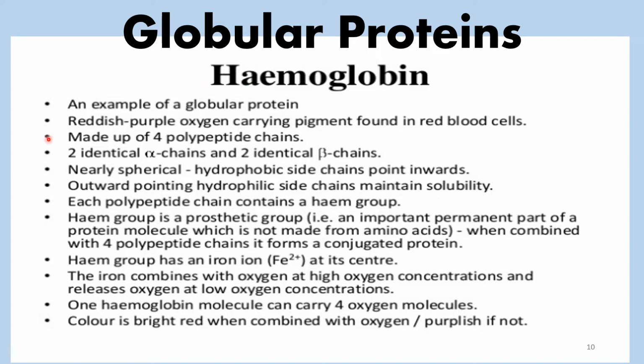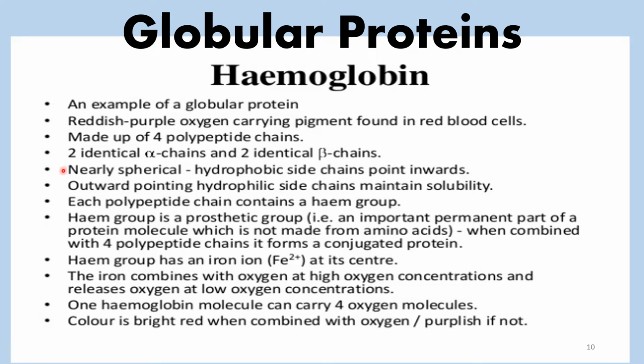Here are only a few points for your recall. It is an example of a globular protein, a reddish purple oxygen carrying pigment containing heme, and the hemoglobin is made up of 4 polypeptide chains, 2 identical alpha and 2 identical beta chains.